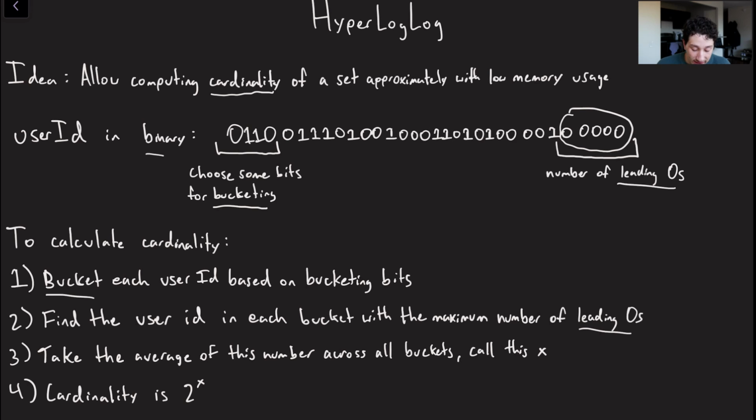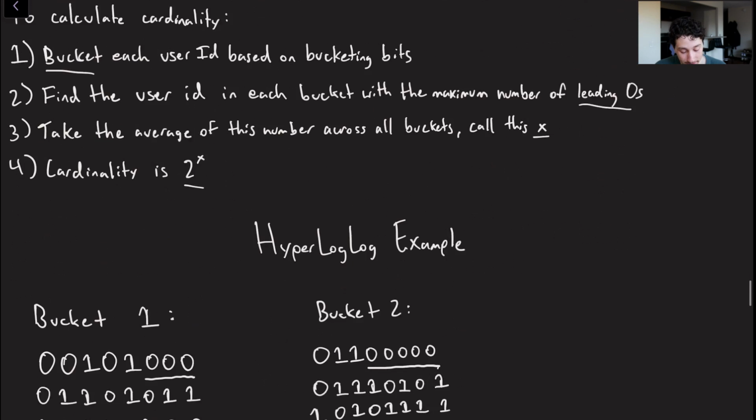Each bucket is then going to take that user ID with the maximum number of leading zeros. So maybe bucket 1 has 3, bucket 2 has 5. We're going to average those numbers together, right? So 3 and 5, the average would be 4. We're going to call that X. And then the cardinality of the entire set is going to be 2 to the X. So in this case, 2 to the 4, which is 16.